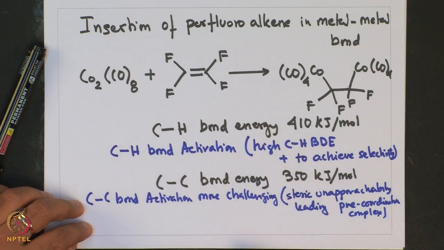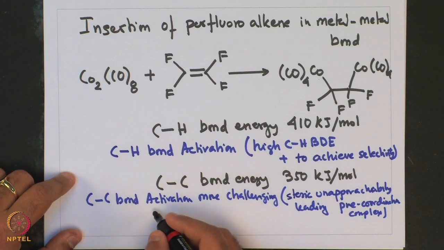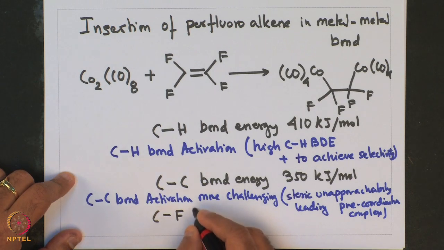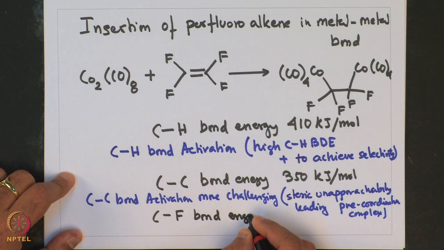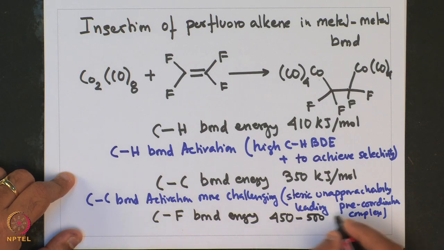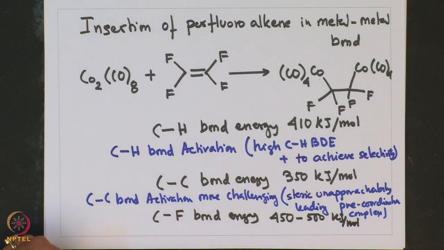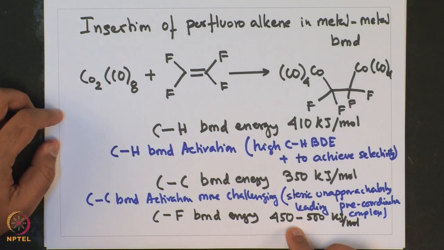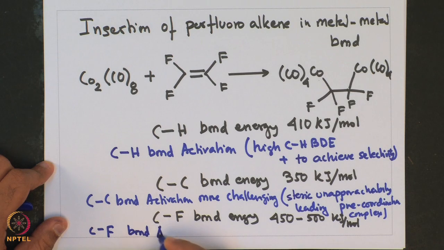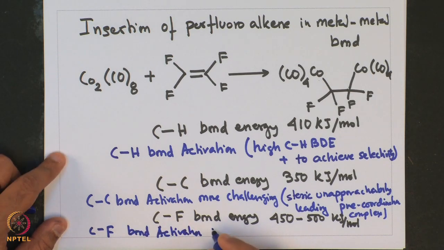Now, in the context of these two, when we look at CF bond activation, it becomes all the more challenging, primarily because CF bond energy is the strongest, and it is way higher than CC and CH, and it can vary between 400 to 500 kilojoules per mole, and that is extremely high as compared to CC and CH, which makes CF bond activation extremely challenging.